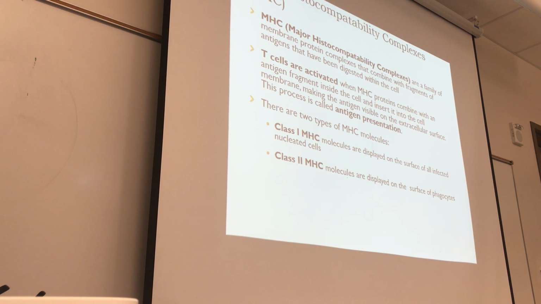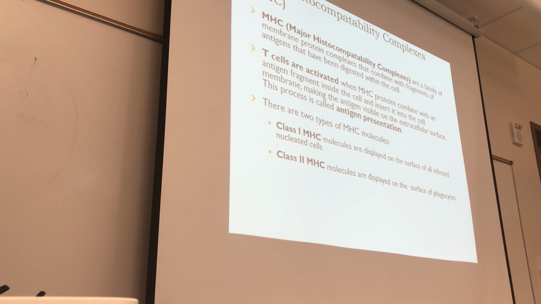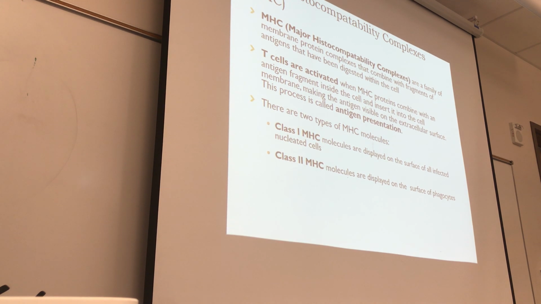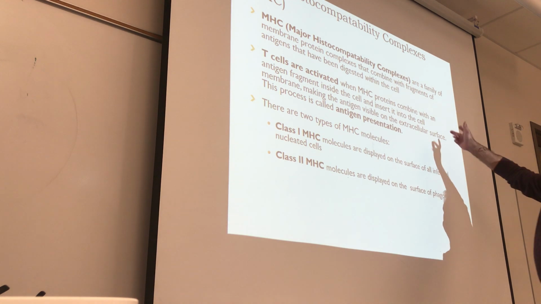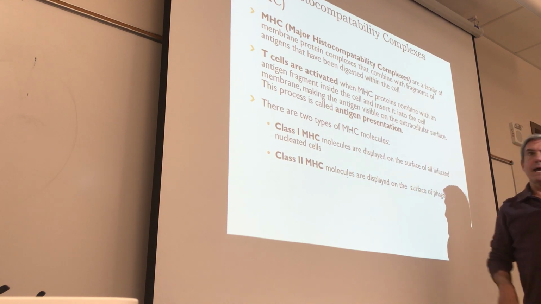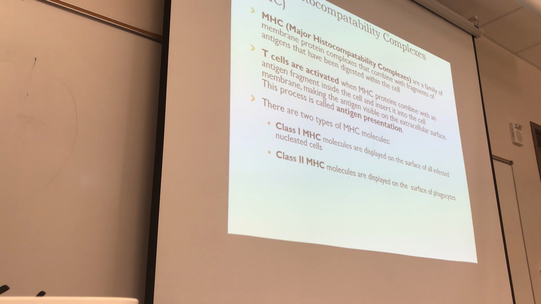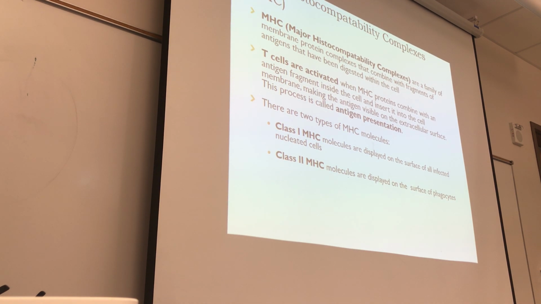Histo means what? Tissue. So yes. We take your histocompatibility complex and bind it with the antigen that we're concerned about. Collectively, we call this the MHC, or major histocompatibility complexes.